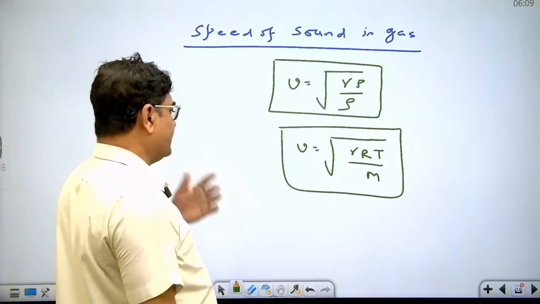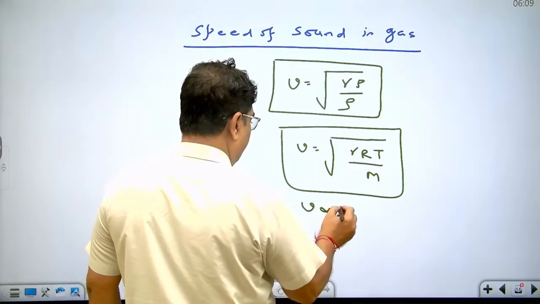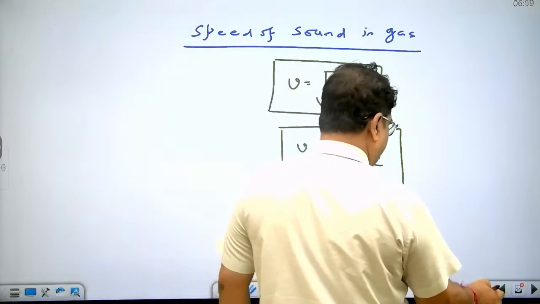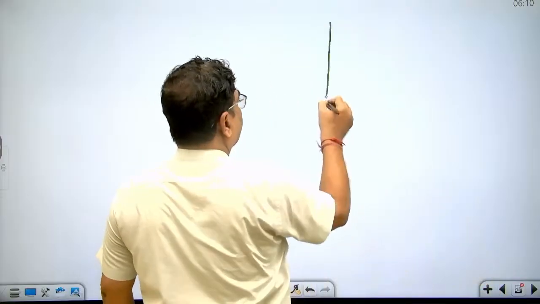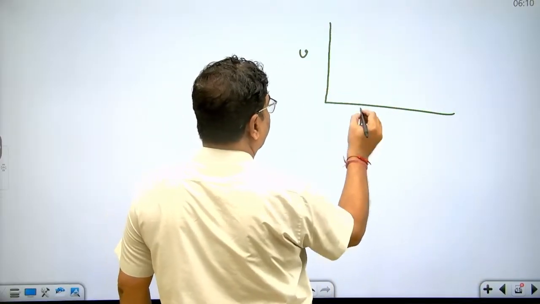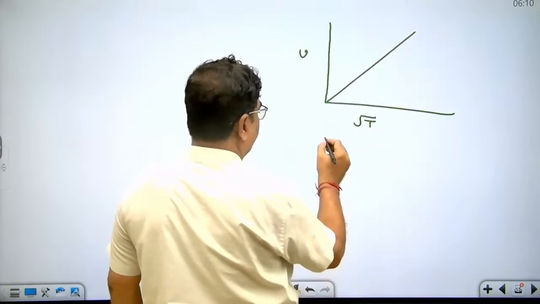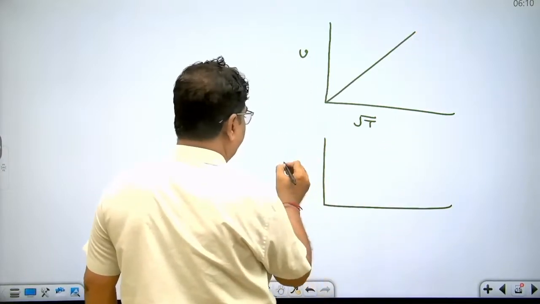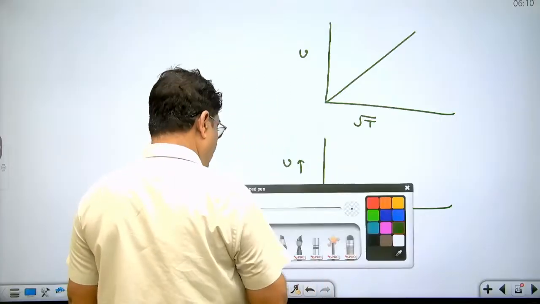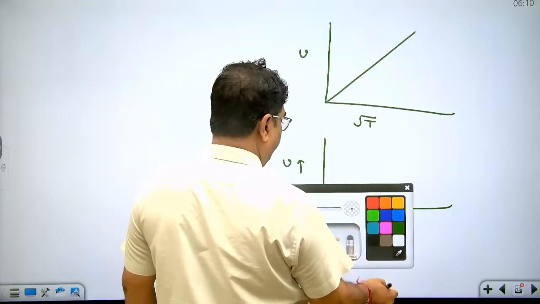So from this expression we can easily say speed is proportional to under root temperature. If we plot the graph between speed and square root of temperature, this will be a straight line. If we plot the graph between V and temperature, V square is proportional to T, so the graph will be a parabola.